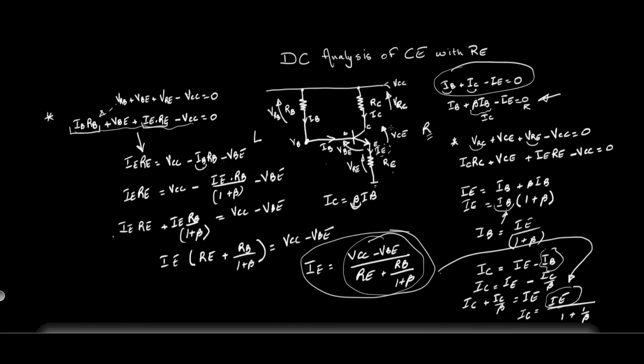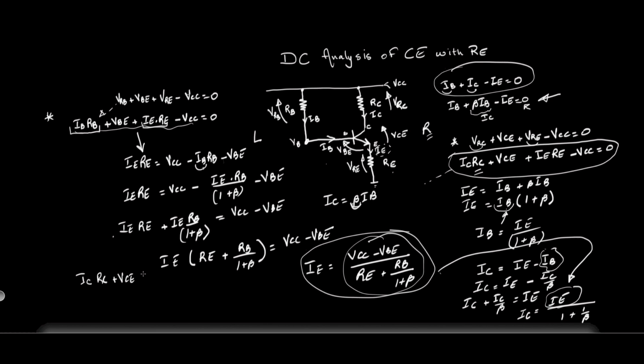Any other ways to find IC? Absolutely, you could do it this way. And this here will include the RC as part of the equation, so it's a factor of RC if you wanted to. Okay, so there are several ways you could do this. So let's do this one. So for this one, IC RC plus VCE.